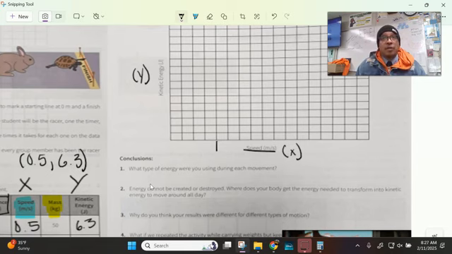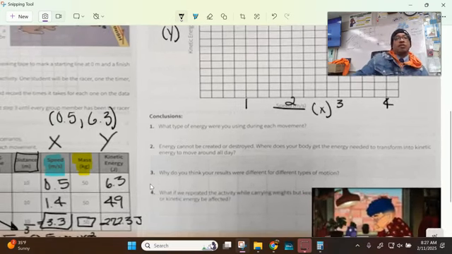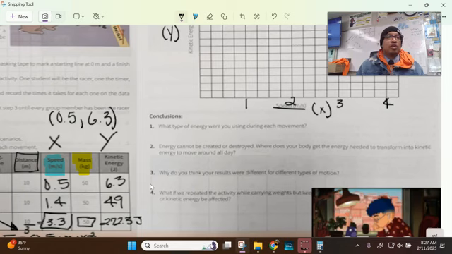Then this would be 1.5, and this over here will be 2. Then 1, 2, 3, and this is going to be 3 right here, and then 1, 2, 3, and this is going to be 4. That is more than enough to fit all of my data in there, because my data only goes to 3.3.